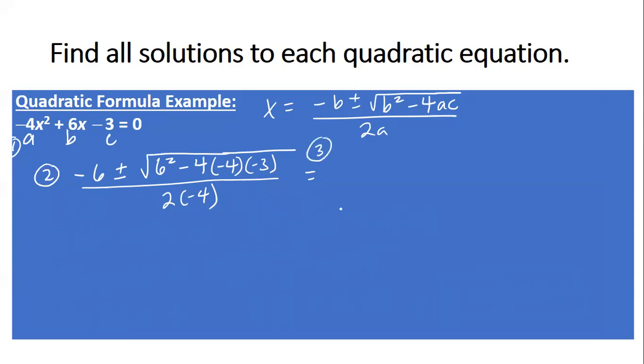So you keep going. Now I have -6 plus or minus, and I'm going to do my discriminant, which is 36 minus 48, over -8, because it's 2 times your a.